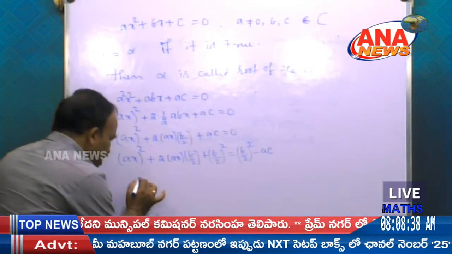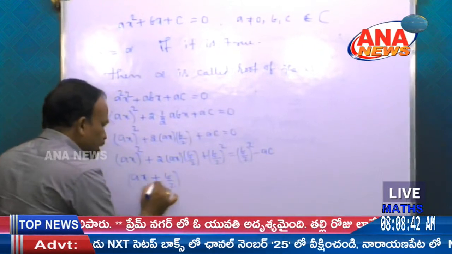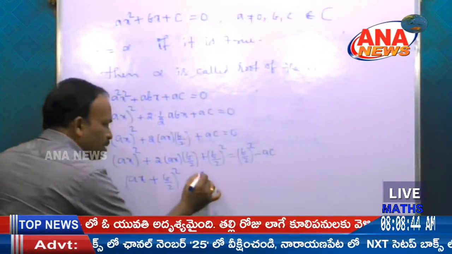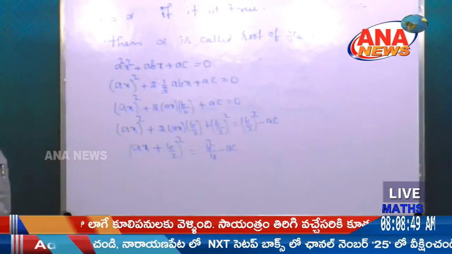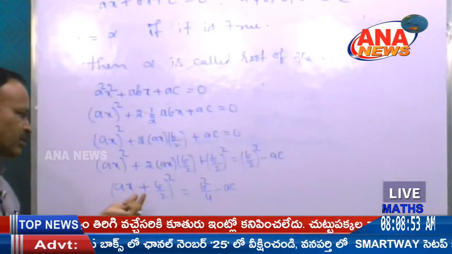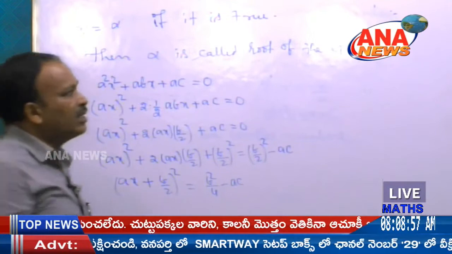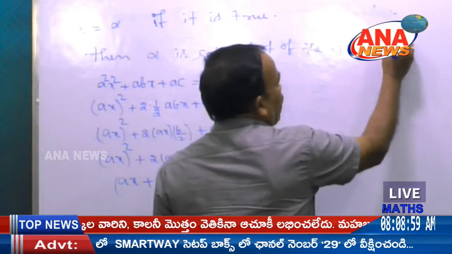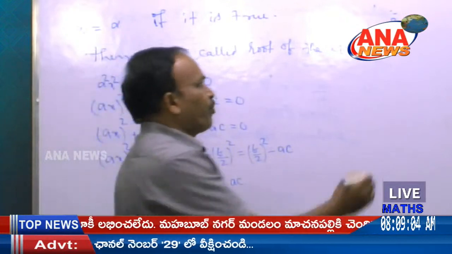What is that? (ax plus b by 2) whole square is equal to b square by 4 minus ac. Now a square is equal to something. For example, x square is equal to 4. What is the x value?